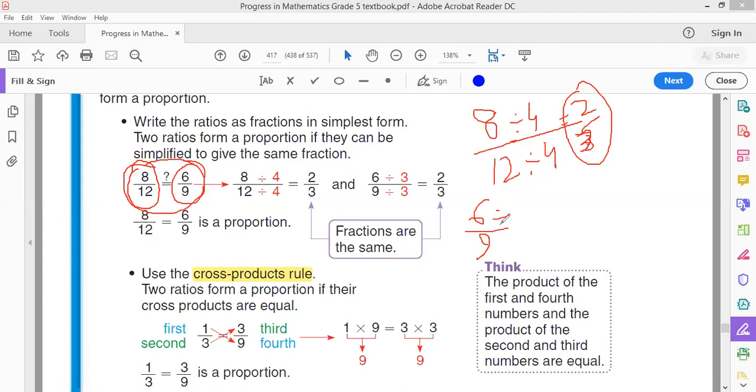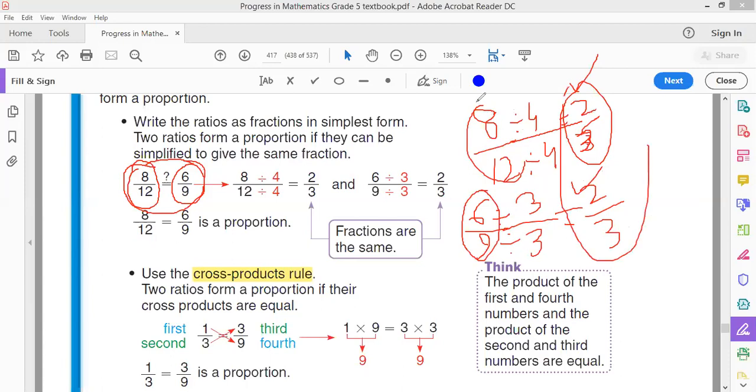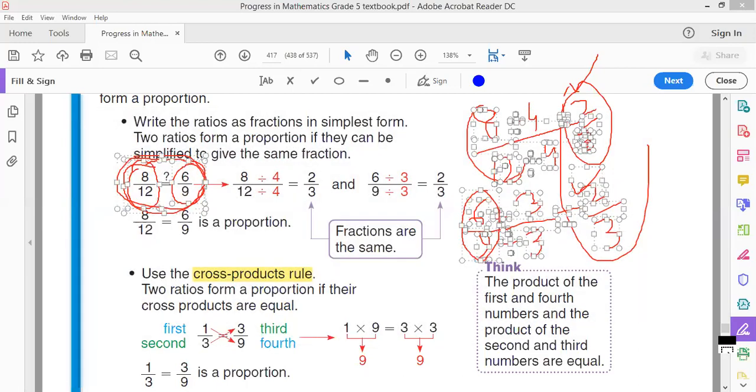Both digits are divided by what? 3. 6 divided by 3 is 2, and 9 divided by 3 is 3. From 8 over 12, you got 2 over 3, and from 6 over 9, you also got 2 over 3. So you can say that 8 over 12 and 6 over 9 are equal. Is it clear? Okay. Now let me remove this.